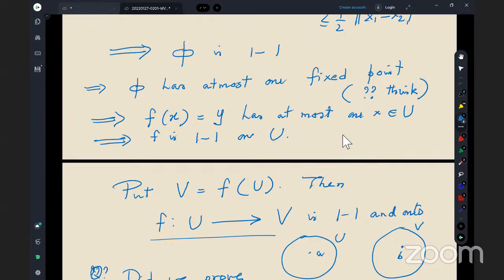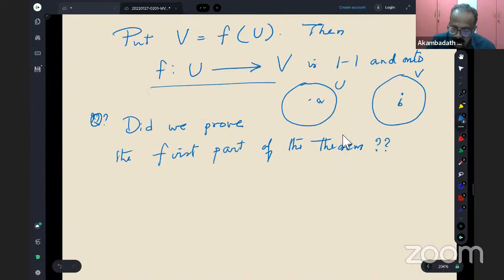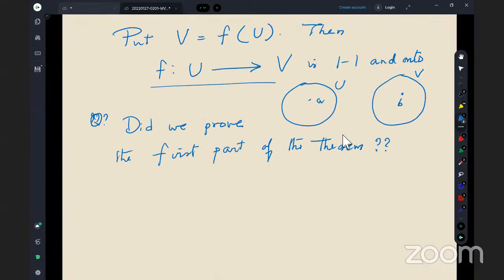So phi has at the most one fixed point, and f(x) equal to y has at the most one solution for a given y. Yes, sir, that is clear. Anyone wants to support him?